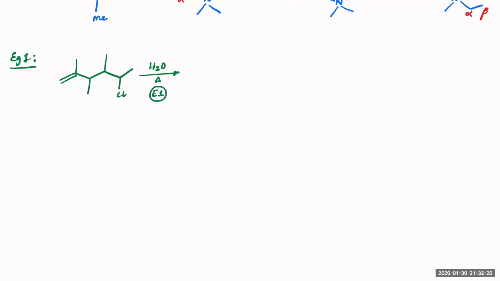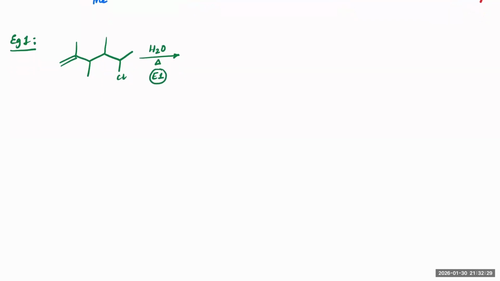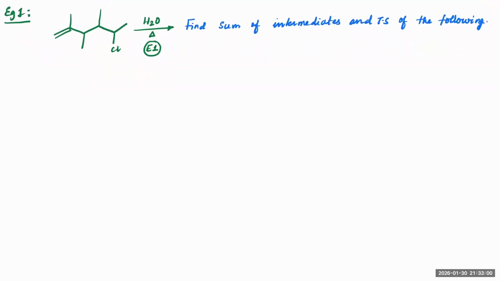So if you are making the E1 mechanism, the question is: find the sum of intermediates and transition states of the following. You have to find the sum of intermediates and transition states of the following.